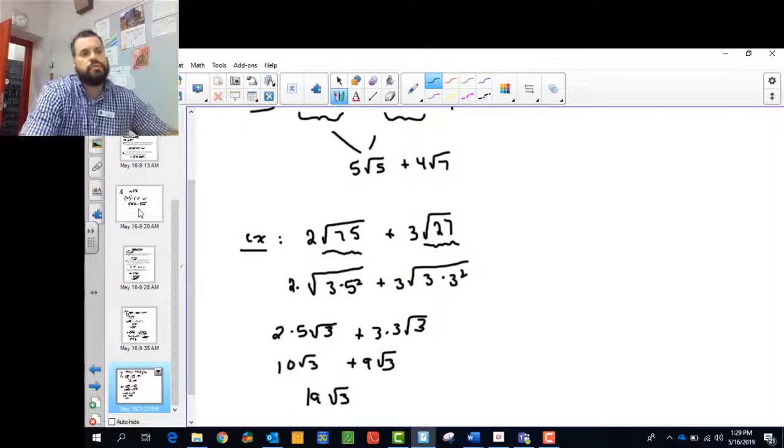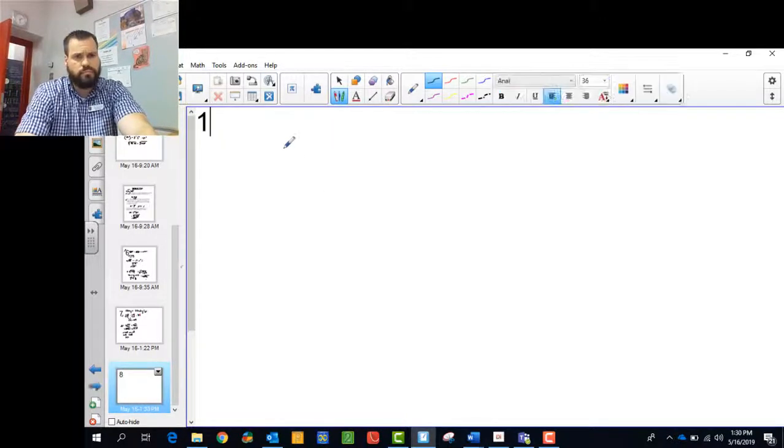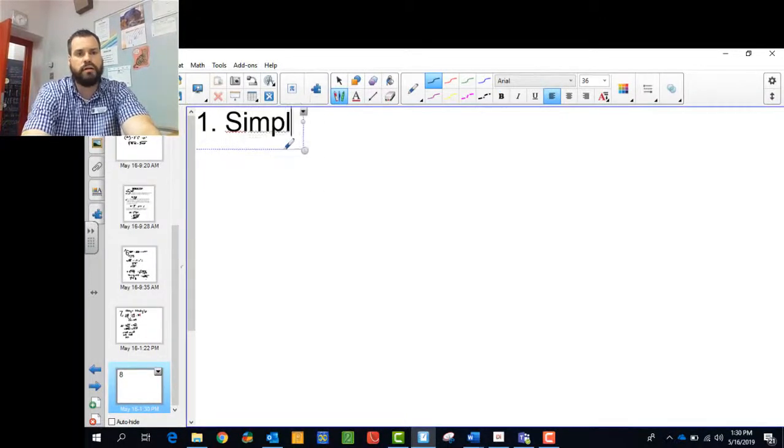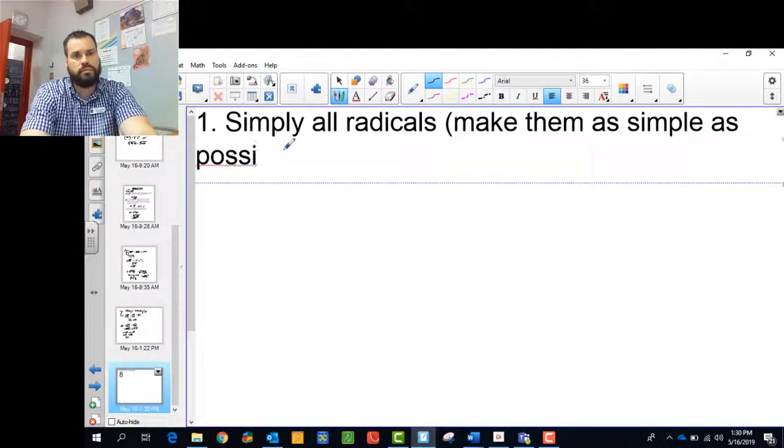So in terms of the steps we have to follow, this is what we're going to say. The first step that we're going to do is we are going to simplify all radicals. Okay, so we're going to make them as simple as possible under the radical.